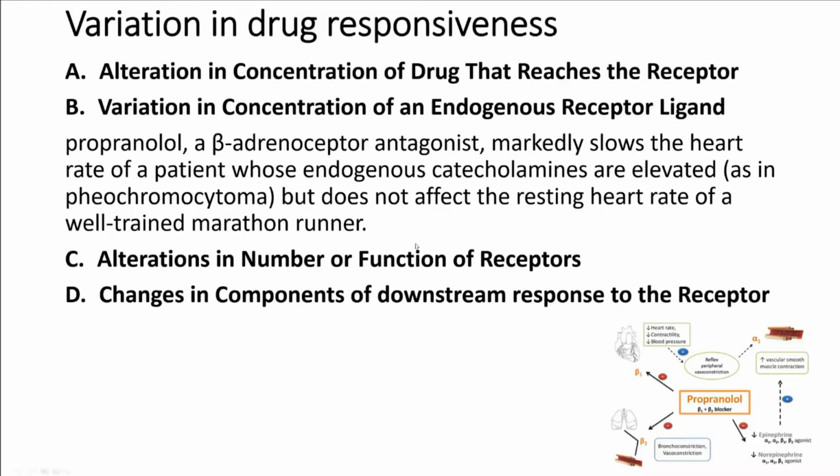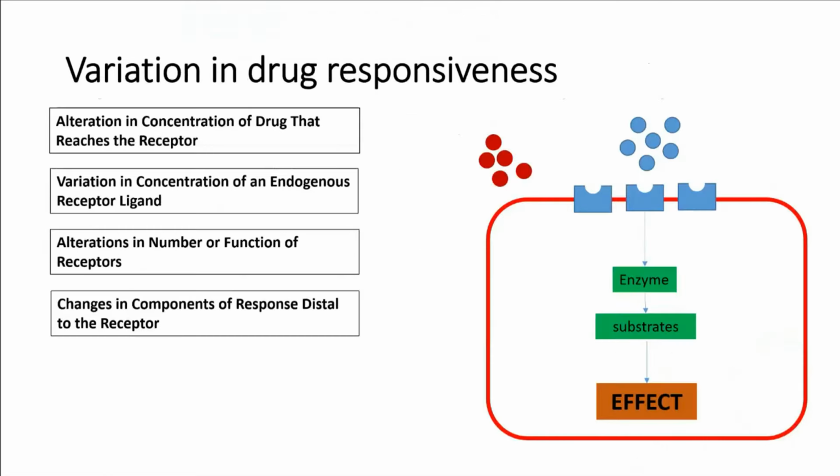So those are the factors that lead to variation in drug responsiveness. Any questions on these four? Because they are important to know. No? Okay. And I do have more explanation of that.